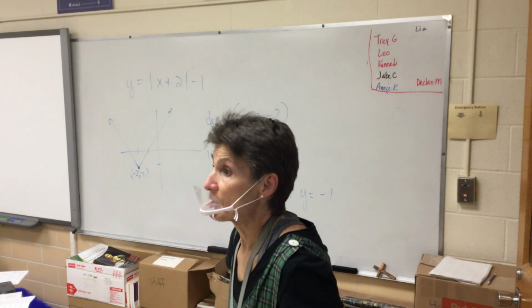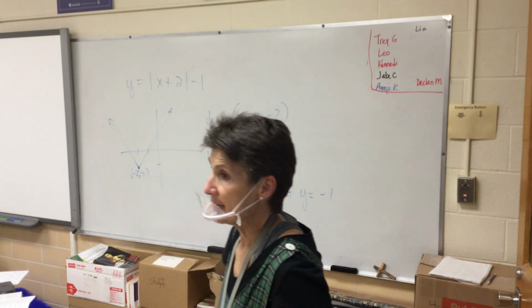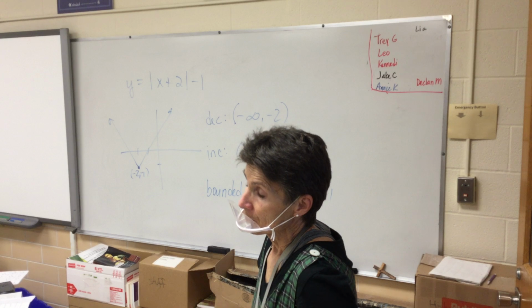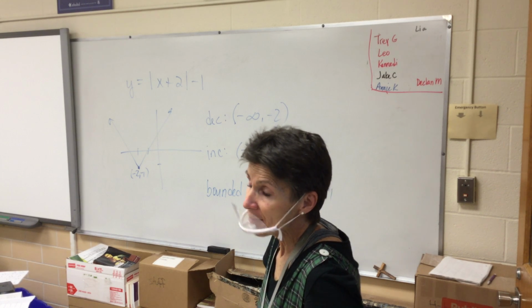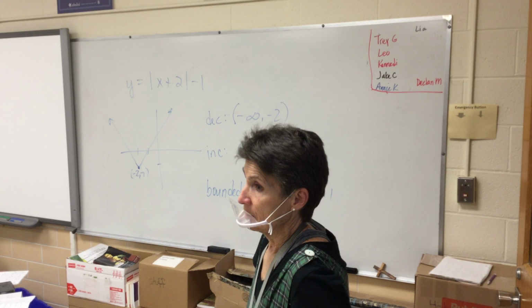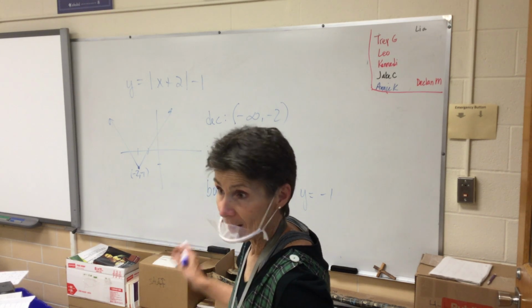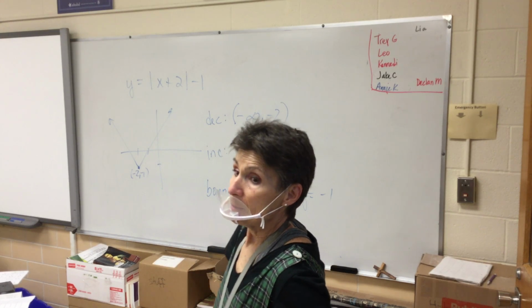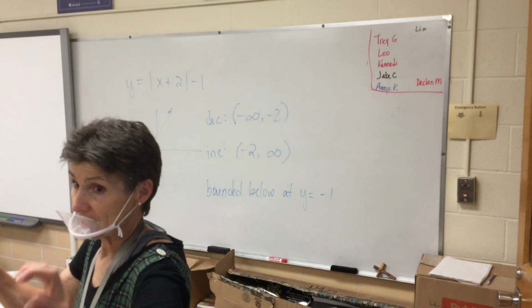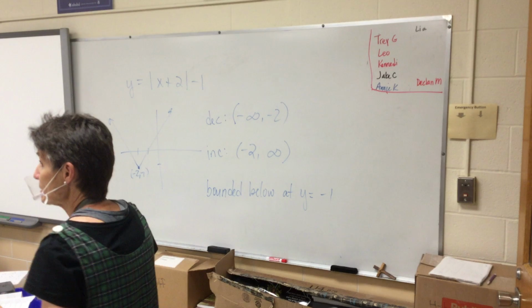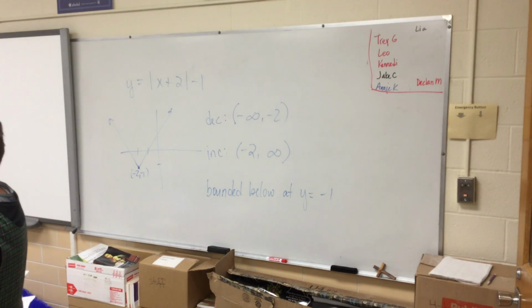In other words, its floor is at -1. Does this have a ceiling? No. So it is not bounded above. You don't have to write that down. But that means it's not bounded, because to be bounded, you have to have a floor and a ceiling. So this one is just bounded below.